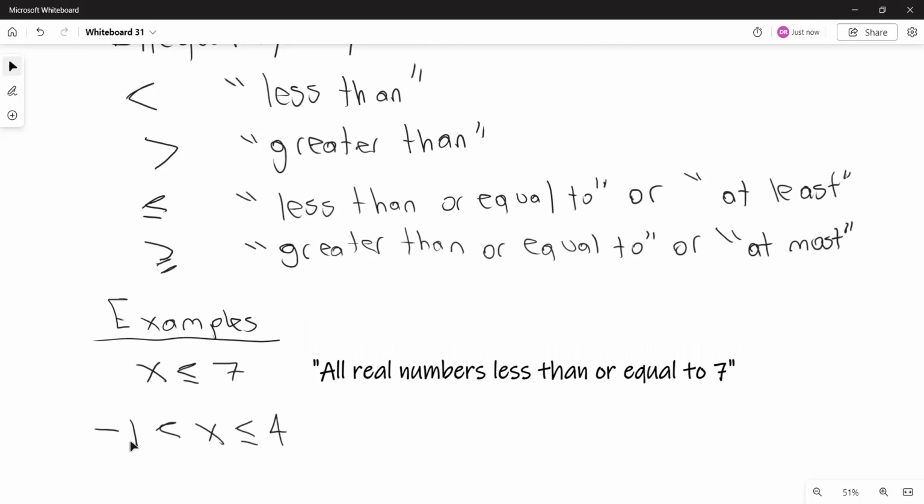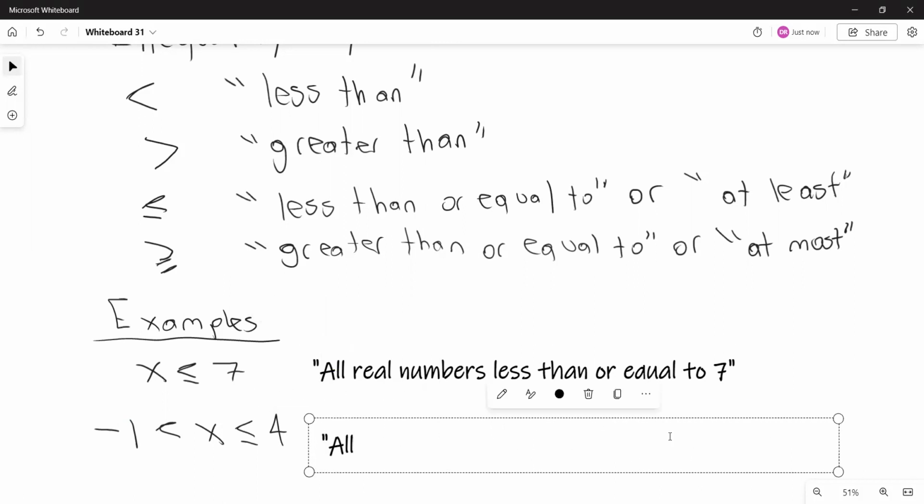This reads all real numbers greater than -1 and less than or equal to 4.